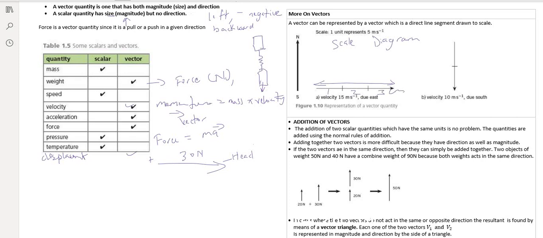If I know this is 3 centimeters, good, and my 1 unit, which is 1 centimeter, represents 5 meters per second, then I'll just simply need to multiply the 3 by the 5 in order to get the exact magnitude of this particular vector, which is going to be 15 meters per second. And this vector is going in the eastward direction.